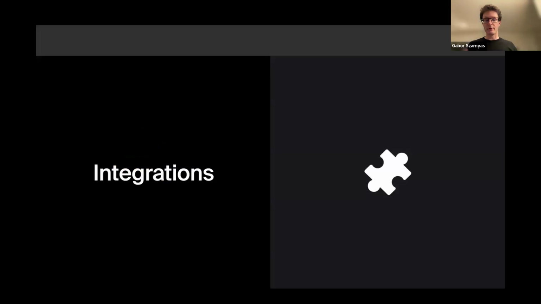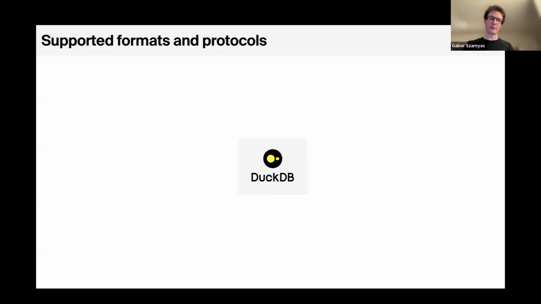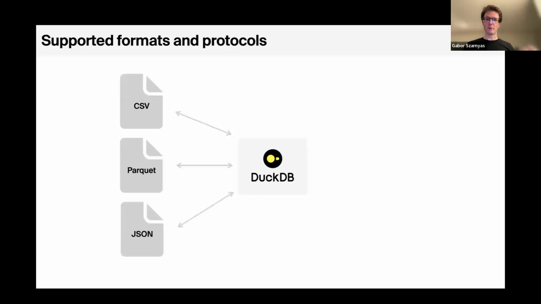So we not only integrate with the R ecosystem, of course, but we also support a lot of other data sources. One of the main philosophies of DuckDB is that you should be able to get data in from lots of formats and get data out into lots of other formats and do this rather quickly. So on the file format side, we obviously support CSVs, Parquets, and JSONs.